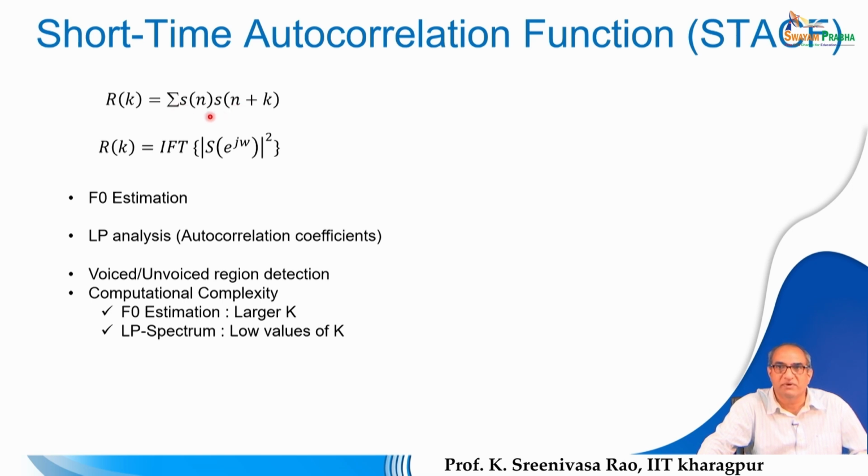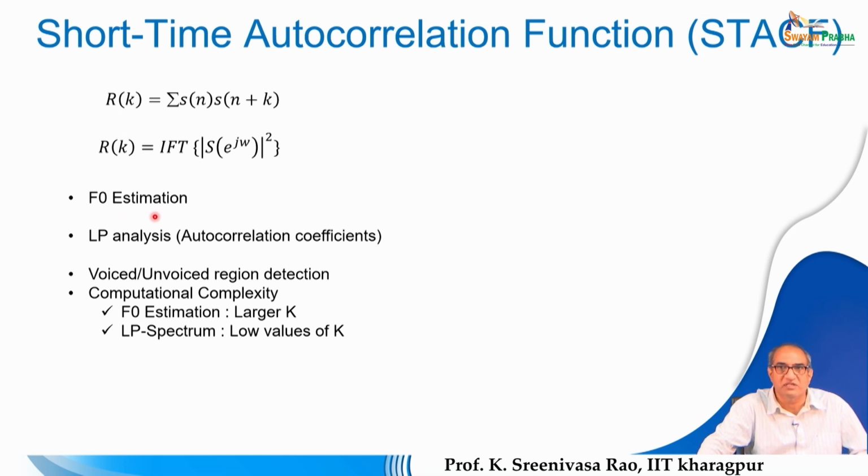That means for every shift we need to carry out n multiplications. And here we need to see what is the range of these autocorrelation values to be computed in the case of f naught estimation and in the case of LP analysis.